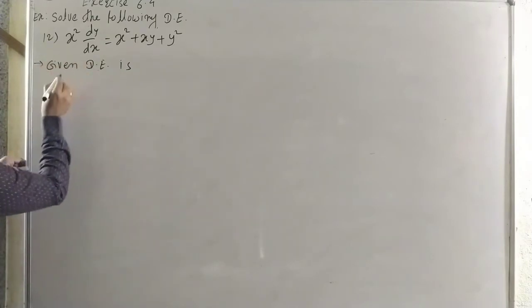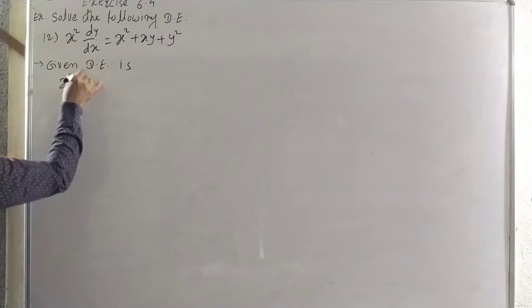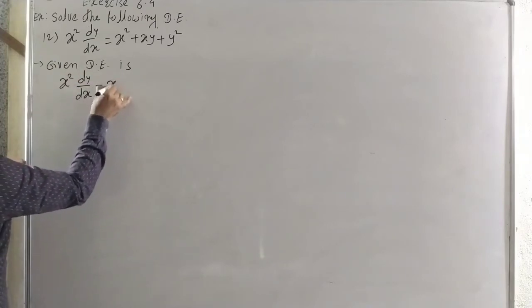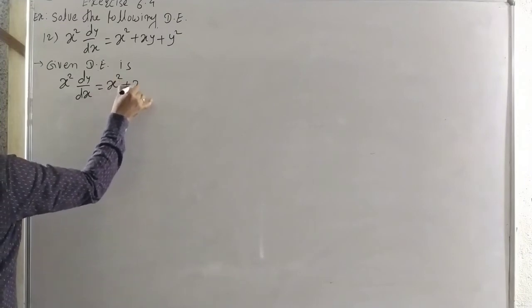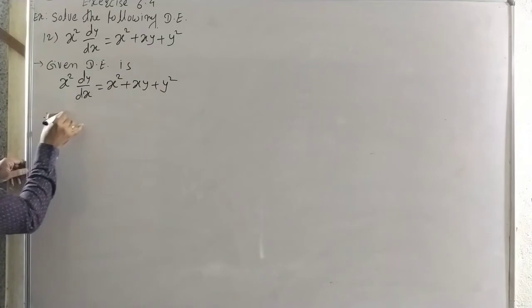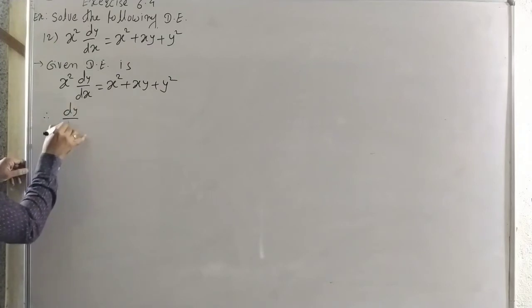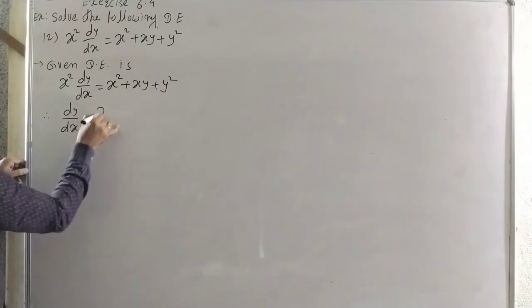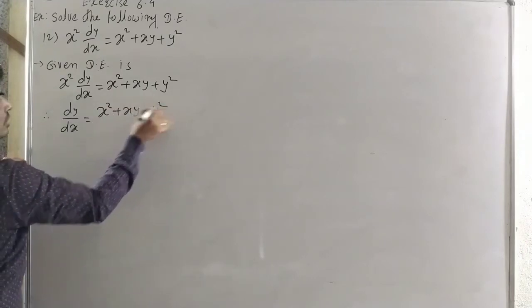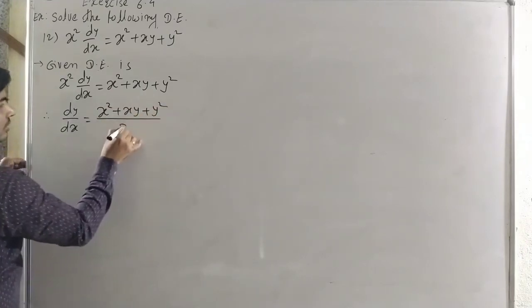Therefore given differential equation, it is x square dy by dx is equal to x square plus xy plus y square. Then dy by dx is equal to x square plus xy plus y square upon x square.